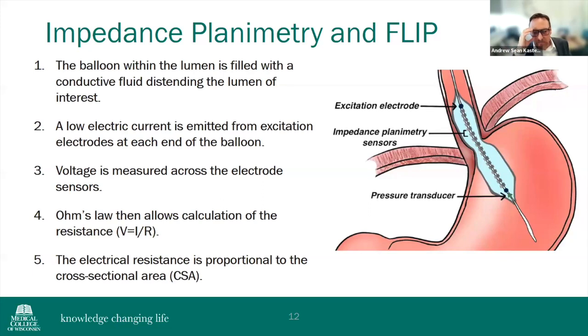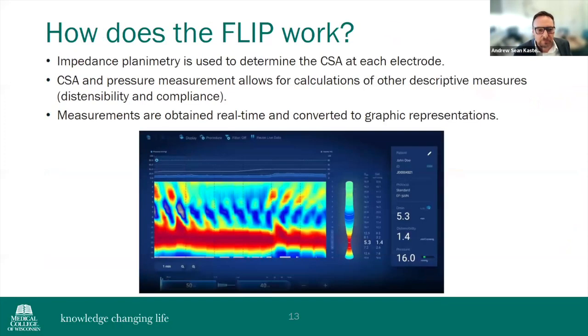Using Ohm's law, you can then calculate resistance, and from that determine the cross-sectional area at that particular probe. So it's basically using some physics principles to determine the cross-sectional area.